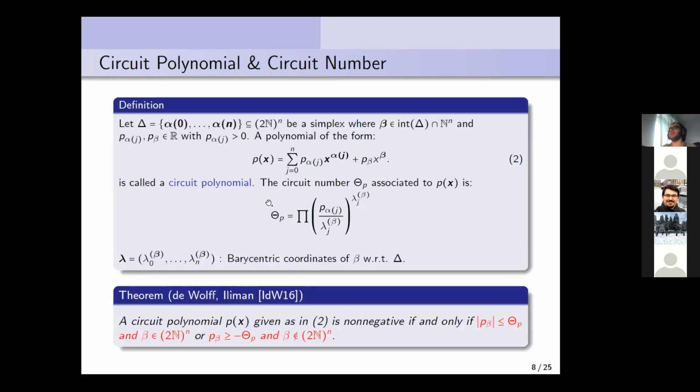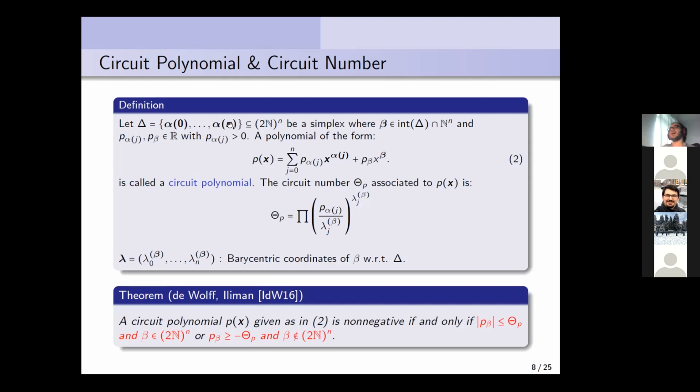Okay, so let me try to give you the definition of a circuit polynomial. This is indeed a really ugly slide, but let me try to go through it with you. A circuit polynomial is a polynomial in n dimensions, with n plus 2 terms.